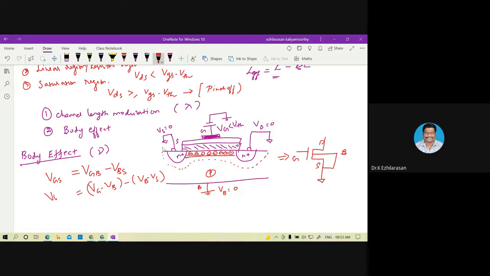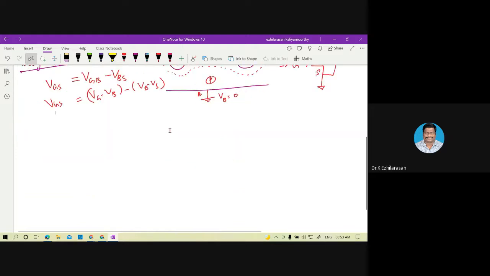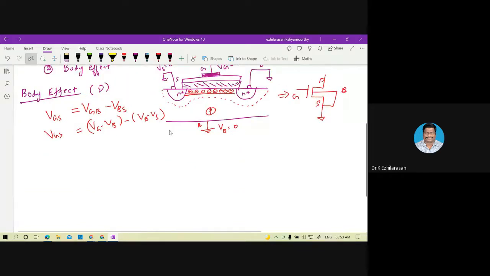Let me take an example. As per our condition here, VG should be less than the threshold voltage. Assume the threshold voltage is normally 0.6 volt for an NMOS transistor. So what will be VGS now?